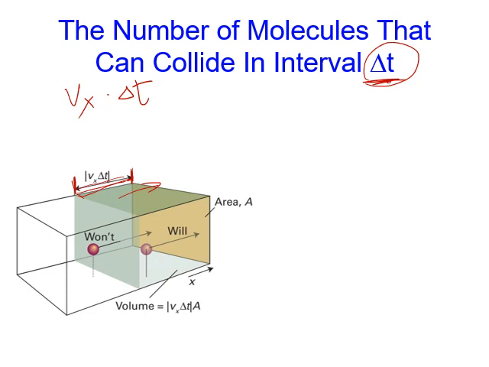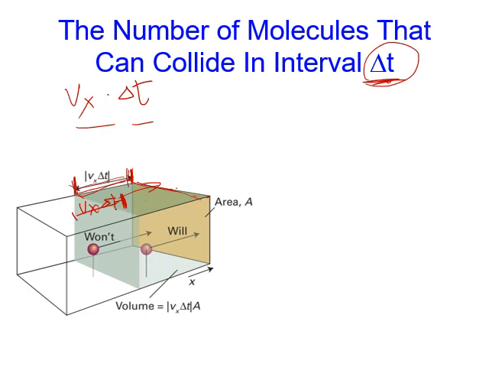Any molecule further away than this distance will only move to here, vx delta t, which cannot collide with the wall. In other words, the distance away from the wall is vx dt. So within this distance, that's the molecule that can collide with the wall.